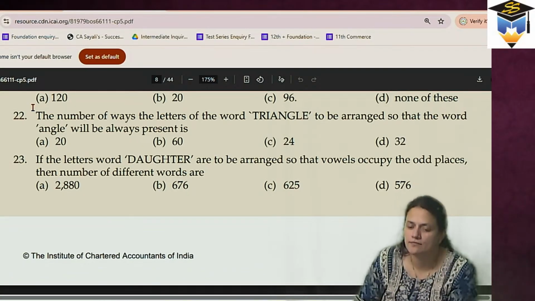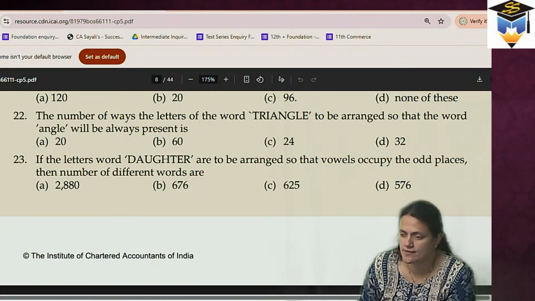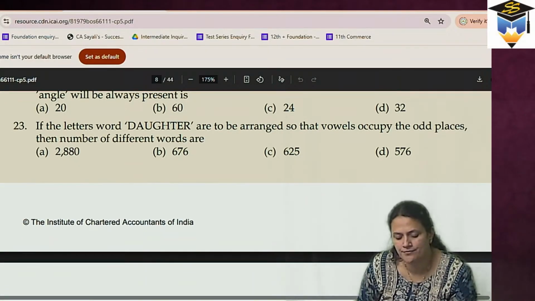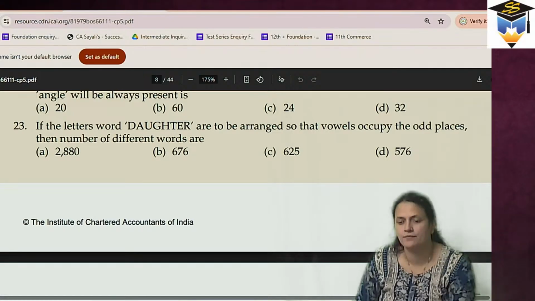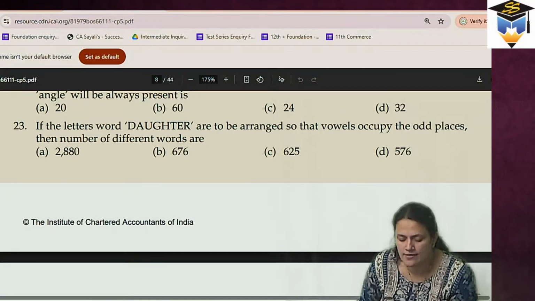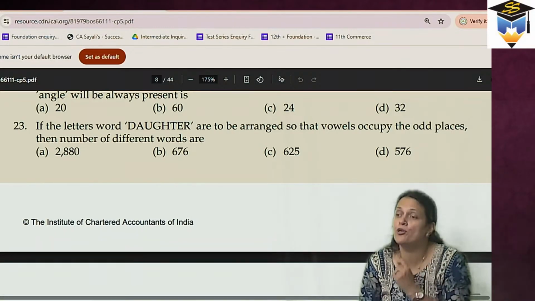कळलं? 23rd. The letters of the word daughter can be arranged so that vowels occupy odd places. आता daughter मध्ये total number of alphabets किती आहेत? त्याच्यामध्ये how many vowels are there? How many vowels? So 3 vowels are there and how many positions are there?